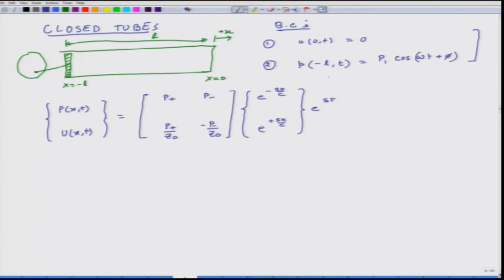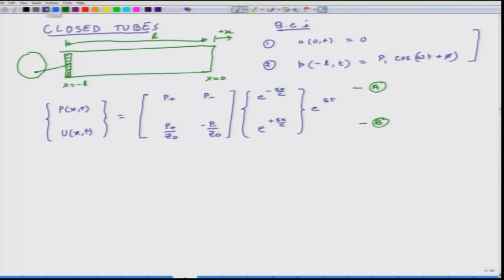Let us call this equation A, and this equation B. Now we have to solve for P plus, P minus and S. If we know them, we can calculate the complex pressure P and velocity U, and if we take the real component we will get the actual values. So, our aim is to find P plus, P minus and S.